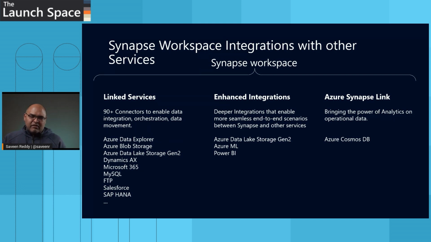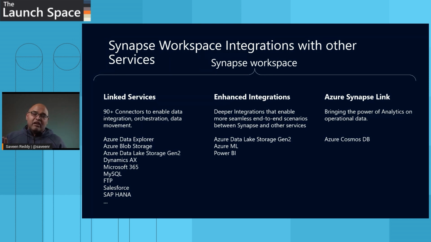The second kind of integration we have, I don't have a great word for this, but we call it enhanced integrations. There are special services for which you might see an even deeper, usually experience-based integration inside Synapse. The three that stand out here are Data Lake Storage Gen2, Azure ML, and Power BI. If you've used Synapse Studio, you'll notice it is even more optimized to make it seamless to move between those three services.